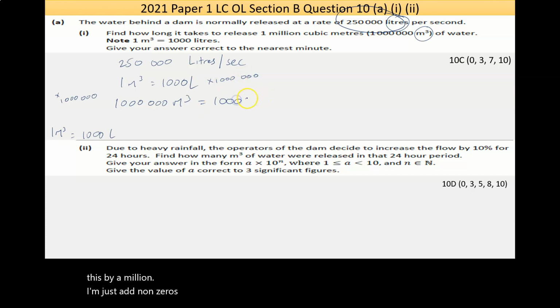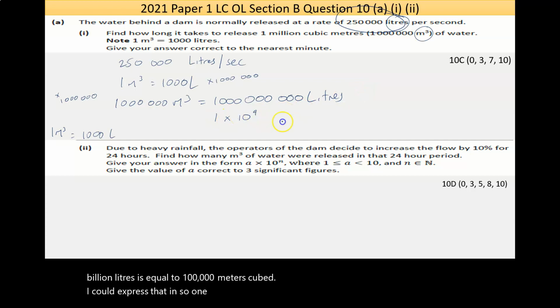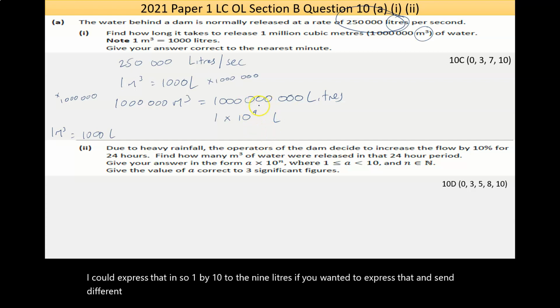So 3 zeros, 3 more, and 3 more. 1,000 million is a billion. So a billion liters is equal to a million meters cubed. Now I could express that as 1 by 10 to the 9 liters in scientific notation. Because again, there's lots of zeros, very easy to make a mistake and forget them.